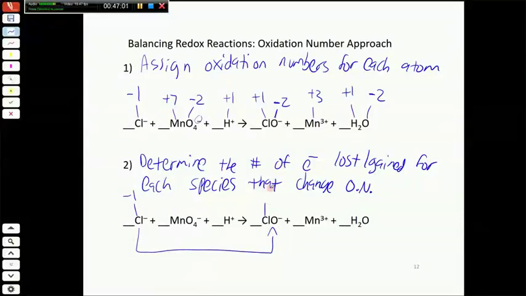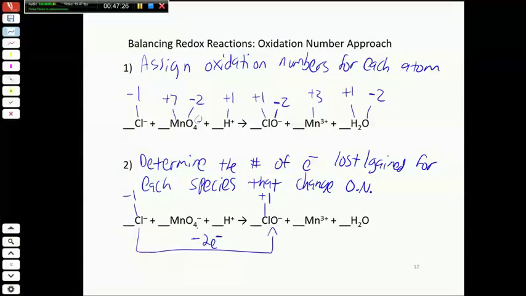That's a 2 electron change. Plus 1 and minus 1 are 2 apart. There's a difference of 2 between those. So this is 2 electrons. We don't really have to keep track of whether the electrons are lost or gained, but if the oxidation number is increasing, or getting more positive, that means we're losing electrons. So this is technically losing 2 electrons, although the number is the important part, that it's 2.